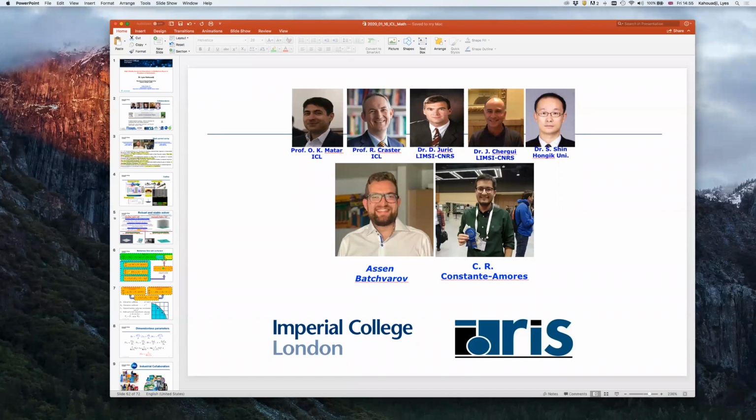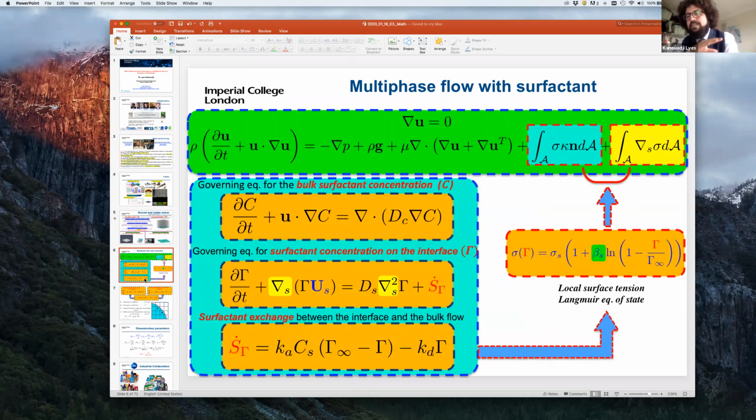Yes, I think that is a competition. The most important parameter is the Péclet number, because it gives you the ratio between inertial and diffusivity effects.